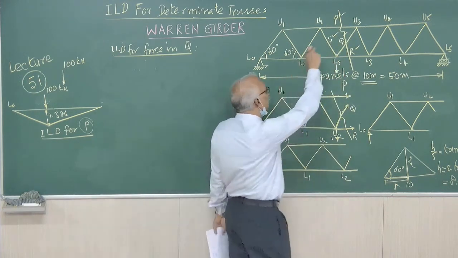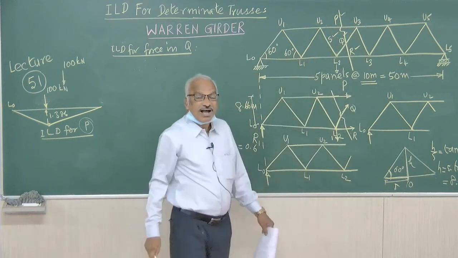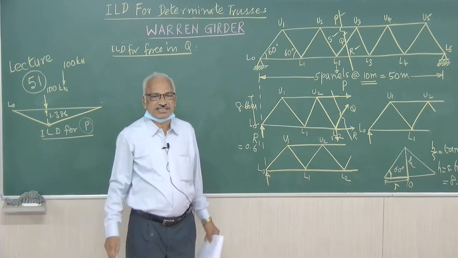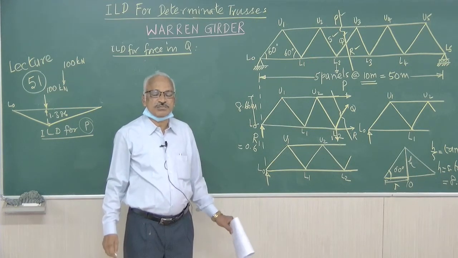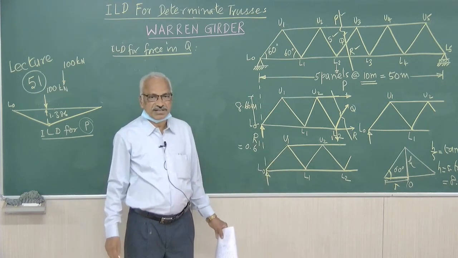When you choose some point in the top chord, R will come into the picture. Our idea is to eliminate the other two cut members. When you find out the force in the member Q, P and R should not come into the picture.